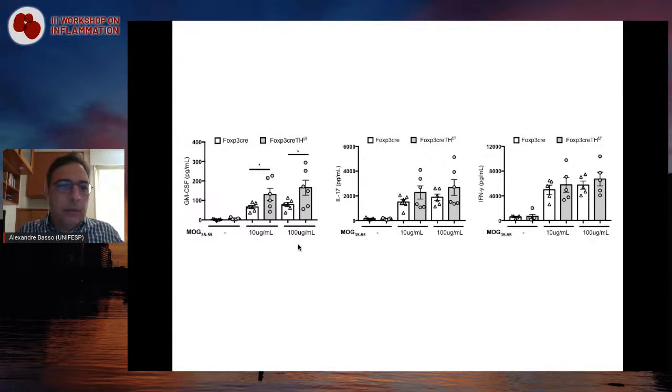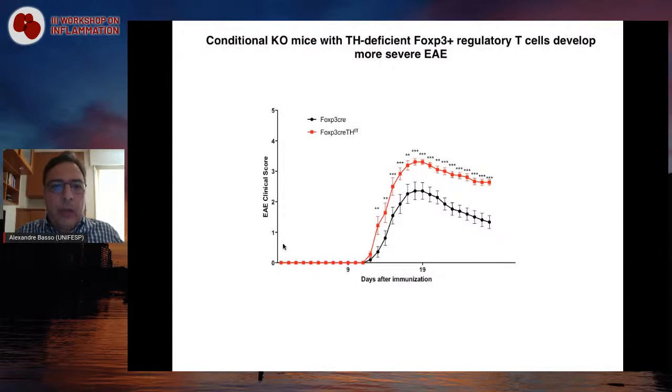And the bottom line, when we did the in vivo EAE experiment, we also found that the animals that are deficient of the tyrosine hydroxylase only in the FOXP3 expressing regulatory T cells develop more severe EAE, and the maximum score is higher, and also we can find differences all along the curve.